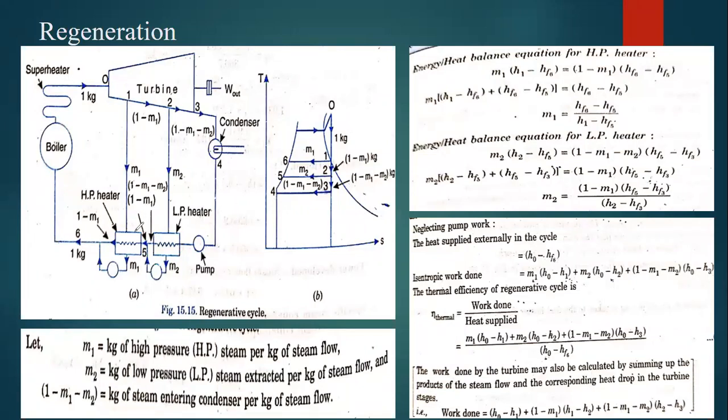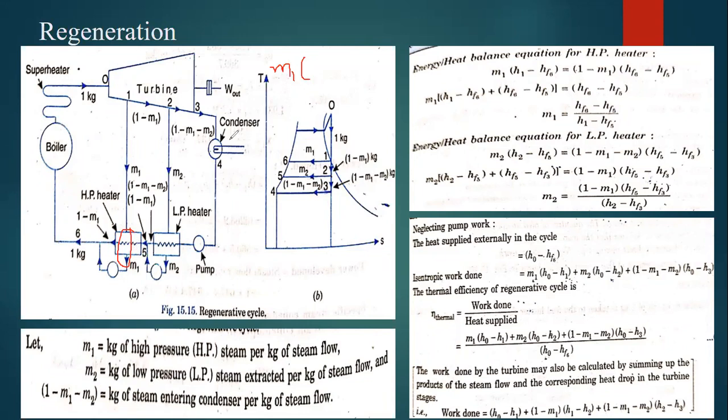Okay, see here for the high pressure heater, what is the input? m1 kg of input is going to be there, and at the same time that much amount of m1 kg of mass is also going to be the output at hf6.